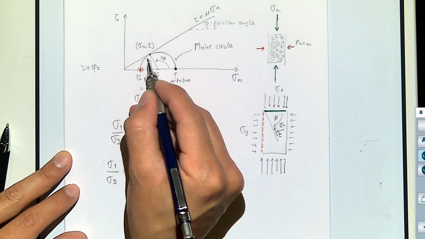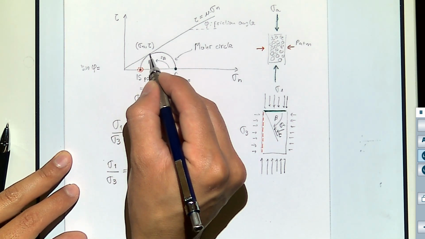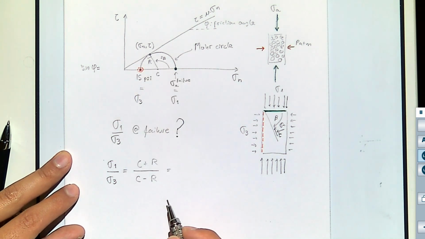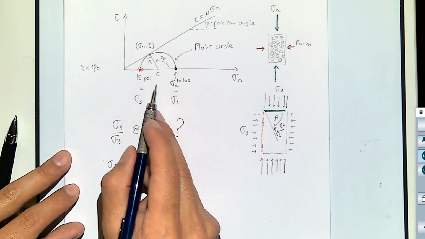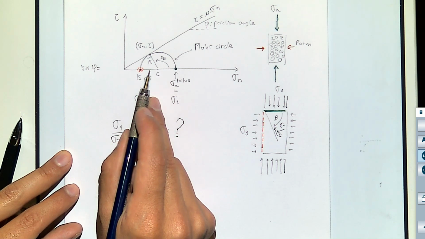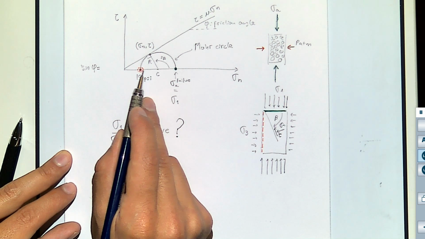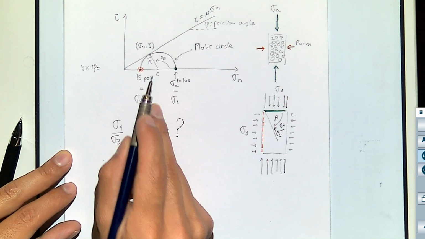In this particular example, at the maximum point, this is going to be a right angle, and this is just R divided by C. So R is the opposite side, and C is the long side of the triangle.